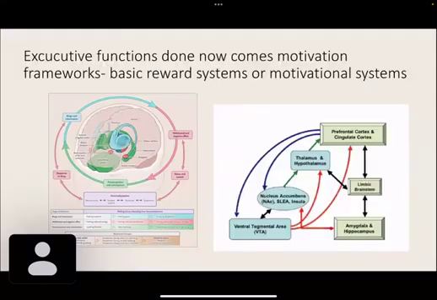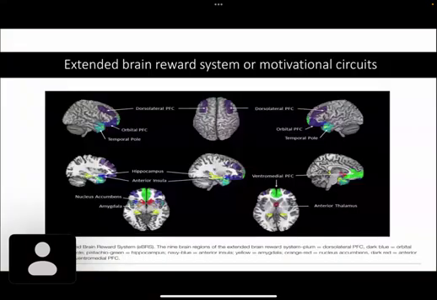So now comes the motivational framework, the basic reward system or motivational system, because that becomes part of the reason why we do something. So the extended brain reward system or motivational circuit. Why am I talking about the extended brain reward system?